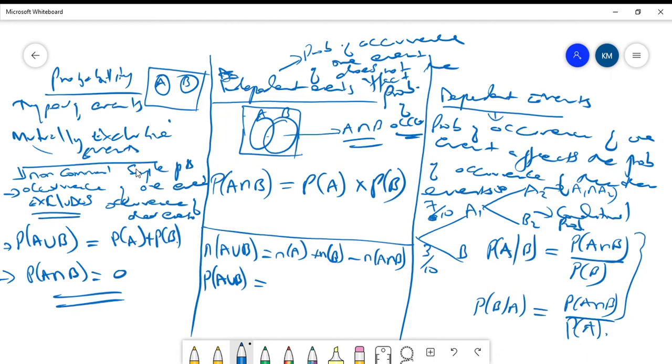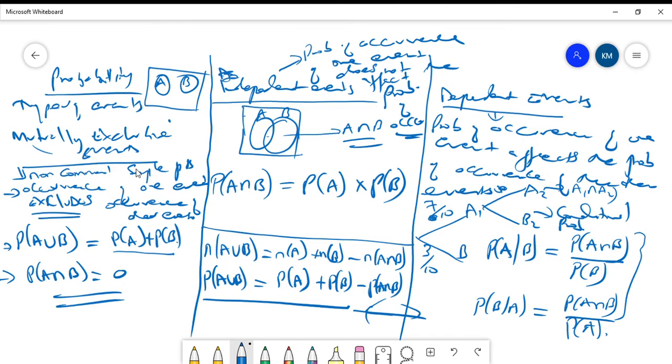Probability of A union B is equal to the probability of event A plus probability of event B minus the probability of the intersection. So this one applies to the dependent and the independent events. In other words, it applies to the not mutually exclusive events, because for mutually exclusive you add the individual probabilities. So for those that are not mutually exclusive, which may be either independent or dependent, you add the two individual probabilities, but you subtract the probability of the intersection of the two events.